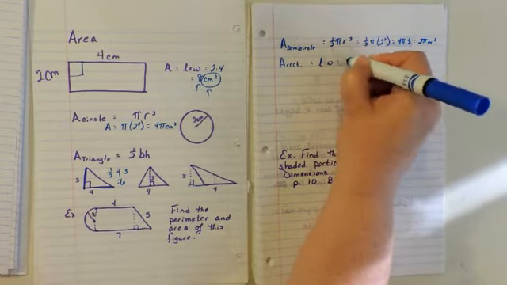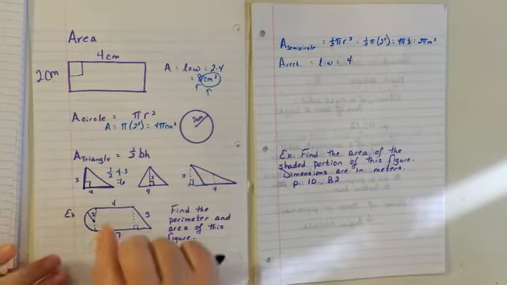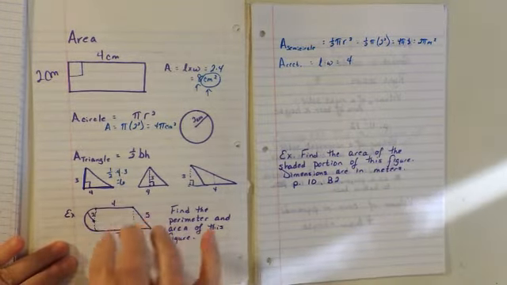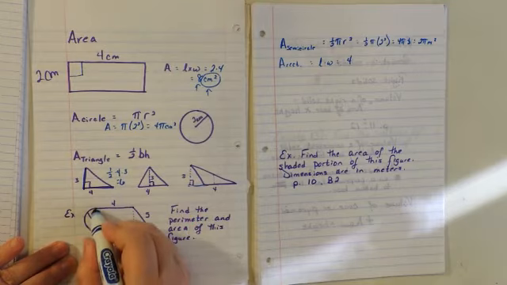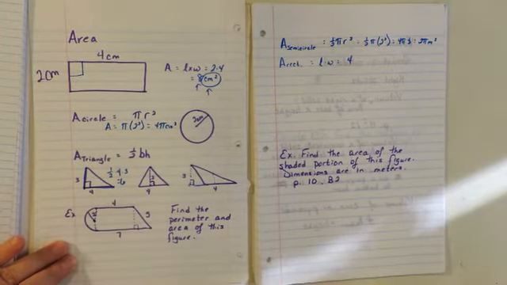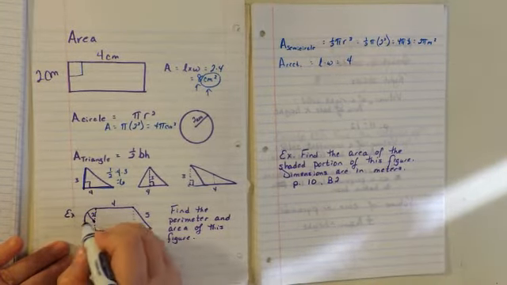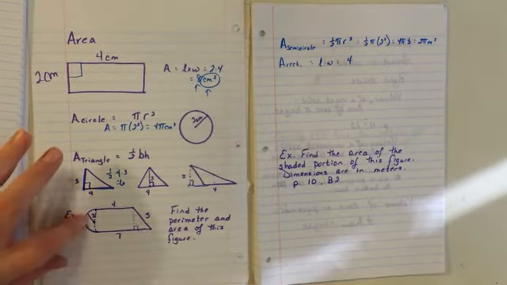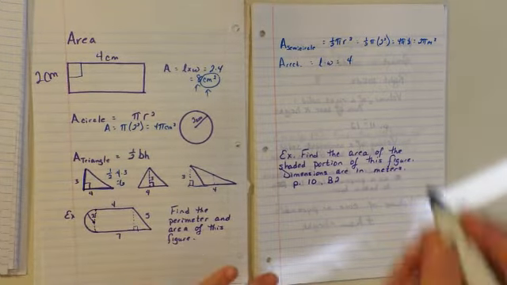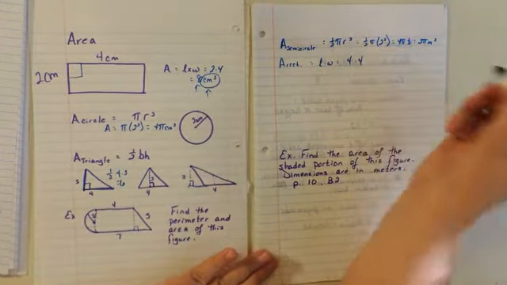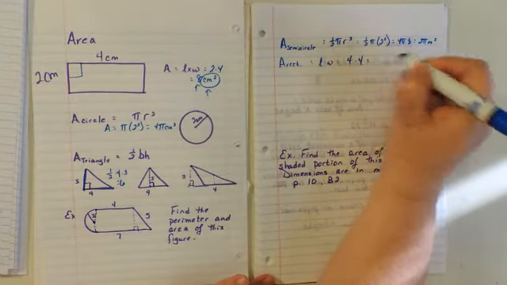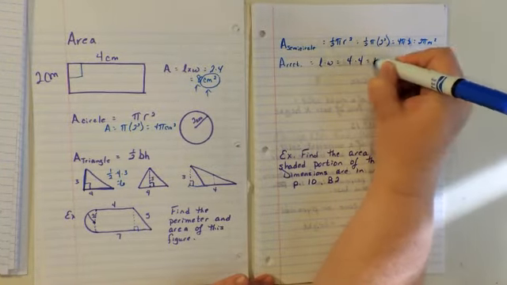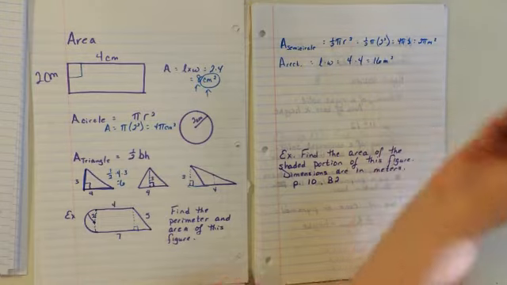The length is going to be 4, and the width is going to be 2 times the radius. See, the radius of the semicircle is halfway down. So all the way down is going to be 2 times the radius. So that's also going to be 4. So 4 times 4 is the area of the rectangle, and that's 16 meters squared.